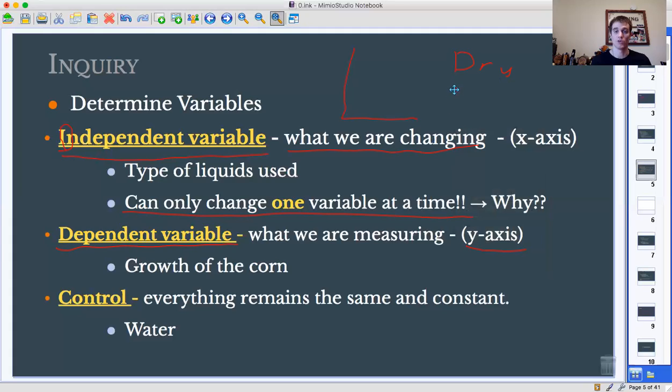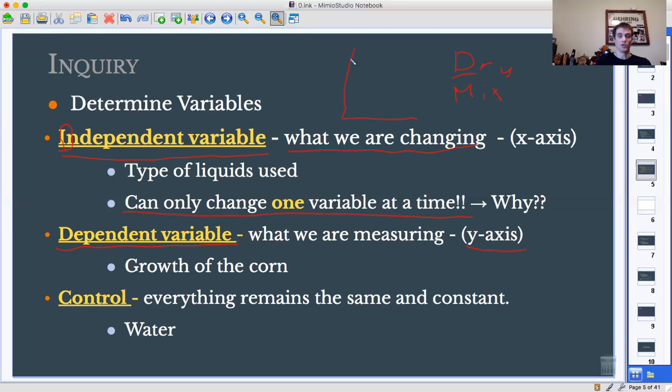if you can remember DRY MIX, you should be able to correctly place your variables from here on. The word's DRY MIX. So DRY starts with a D. D stands for dependent. A dependent variable is also called the responding variable. It goes on the y-axis.